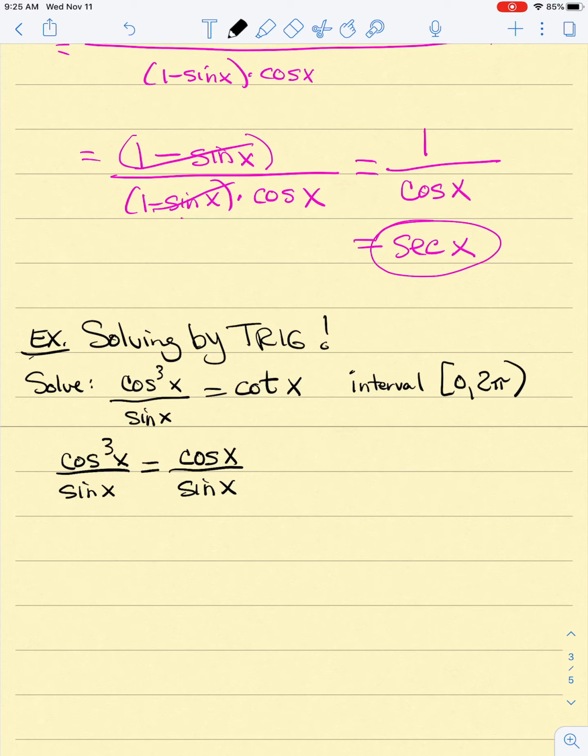Again, I'm just replacing cotan with sine and cosine. All right, so then why don't we clear that? We're going to multiply both sides by sine x, just to clear out that denominator. So we're going to say here times sine x, and over here times sine x.